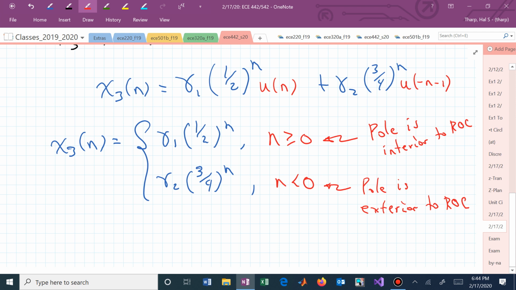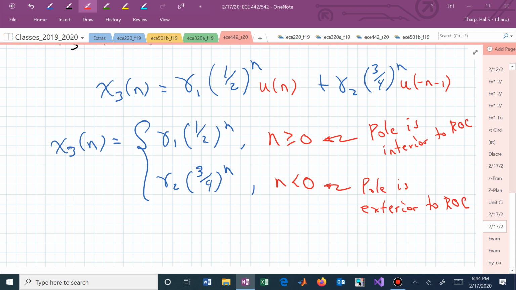That allows us to say which one's causal, which one's anti-causal. Are they both bounded? 1/2 is raised to n, where n is positive. That's 1/2, 1/2 squared, 1/2 cubed.